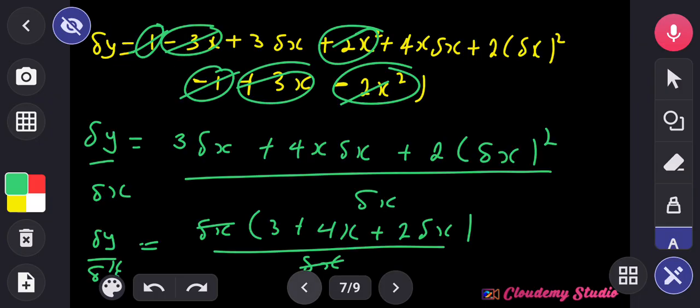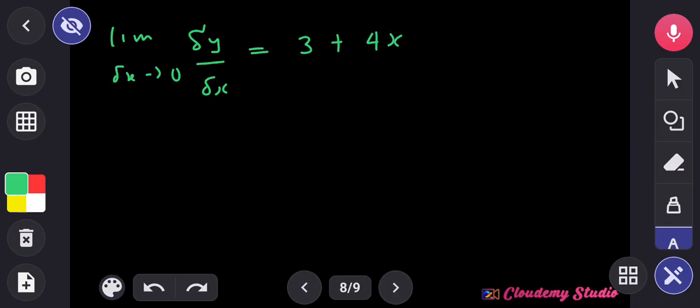So the limit as delta x tends to 0 of delta y upon delta x equals what? Equals 3 plus 4x plus 2 delta x. And that's going to give us what? Anywhere we see delta x, we put 0.